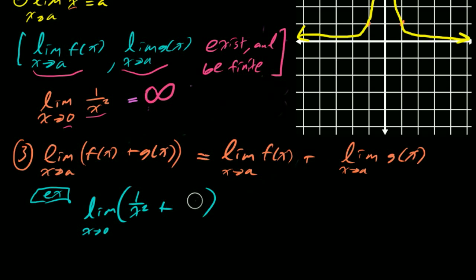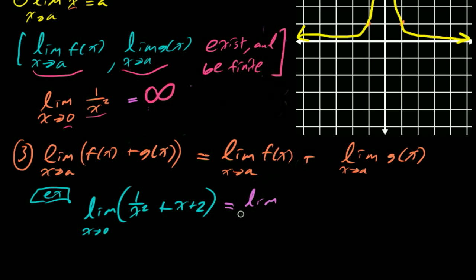Actually no, let's do two functions. Let's say plus x plus 2. So now we should be able to, by this rule, break this function up into 3 different limit problems, right? We can distribute this limit operator, you can sort of view it as, amongst these 3 different functions that we have. So let's go ahead and do that.